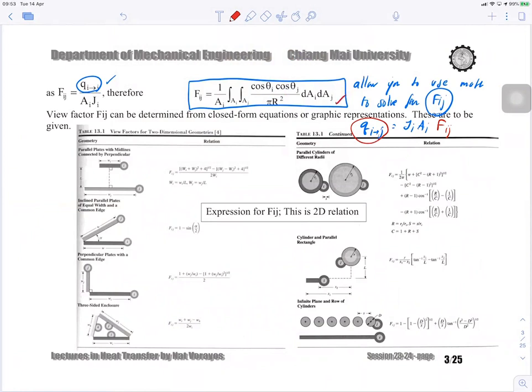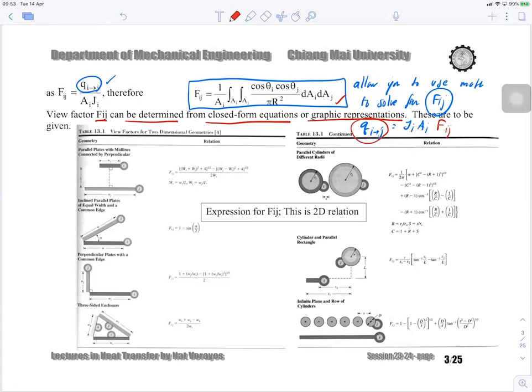Mathematically, you use this equation, but we are fortunate enough that the previous work has been done by others, and Fij can be found from closed form equations or graphical representations. This is below in Table 13.1, which I took from the Incropera book.